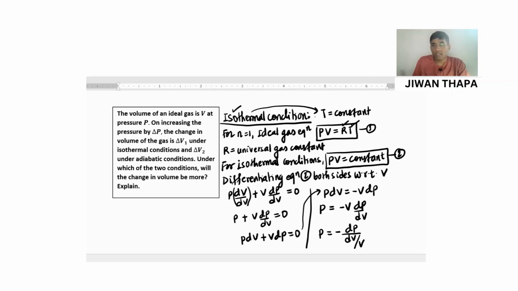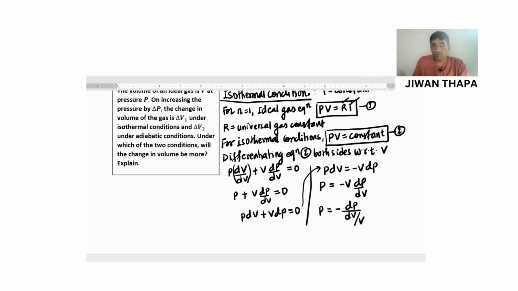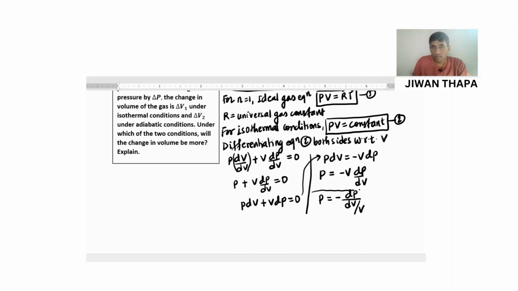And we know this term, minus dP by dV by V, is the change in pressure divided by the fractional change in volume.